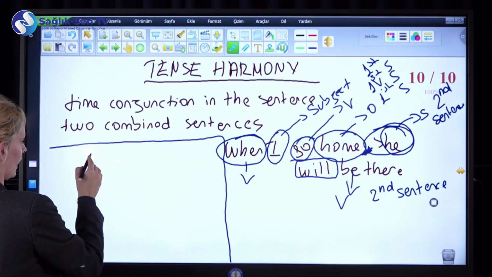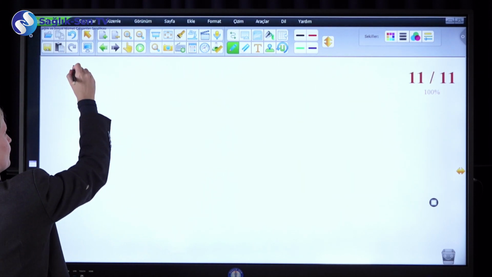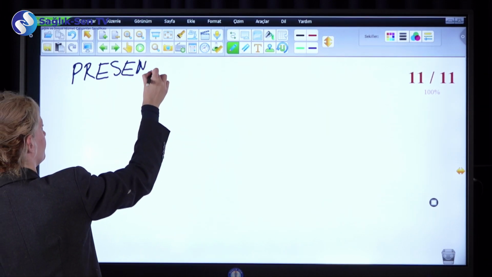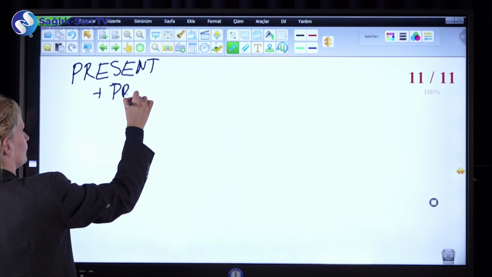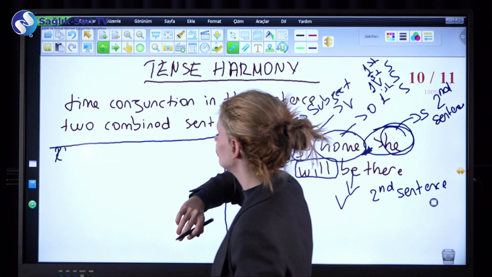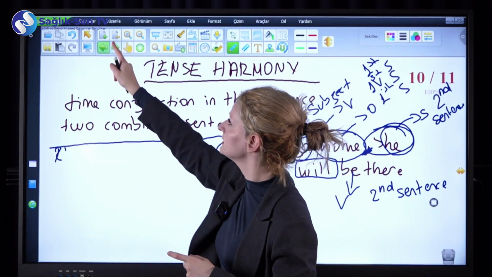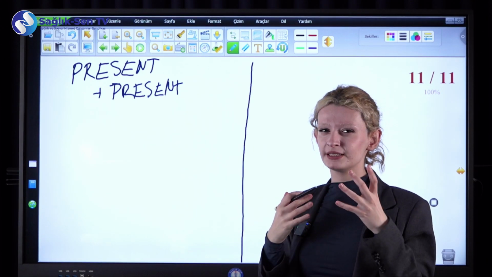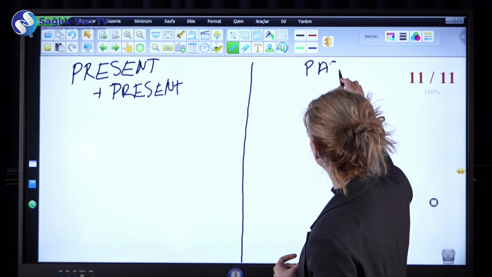Our rule was we use presents with presents when we have a time conjunction and combined sentences. We use present with present. What it means, present tense is actually pretty wide, and past with past.